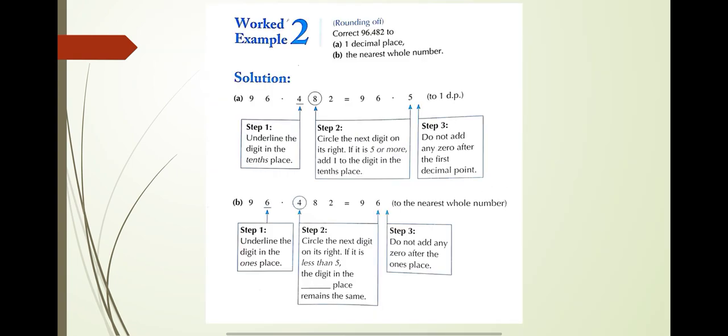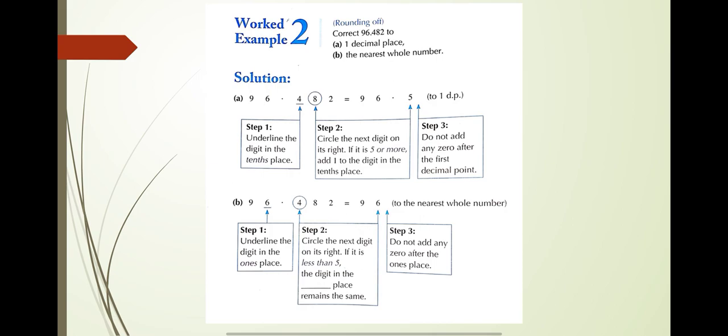So another example, same thing, but the difference here is this is about decimals. So we have 96.482. Correct to one decimal place, it says. So one decimal place, we only want the decimal to end at the 4, right? Ending at the 4, we should take a look at the number behind the 4, which is 8. Whether 8 is 5 or more, or less than 5.